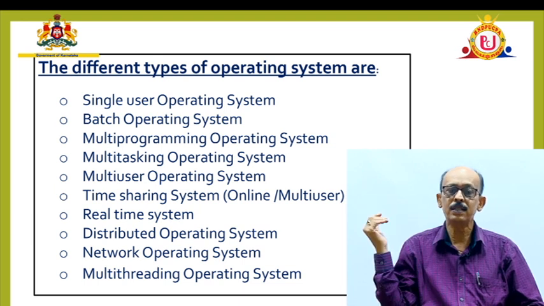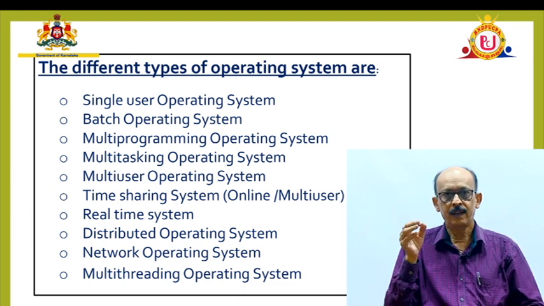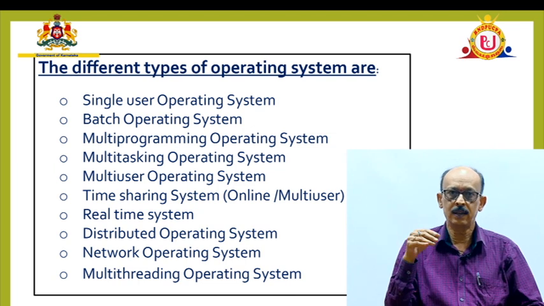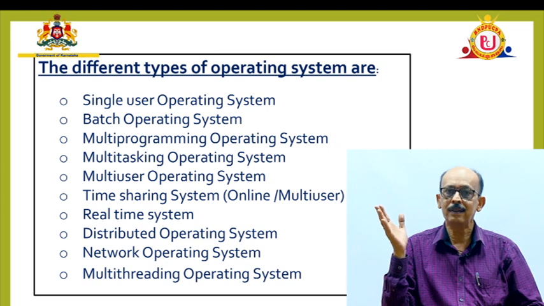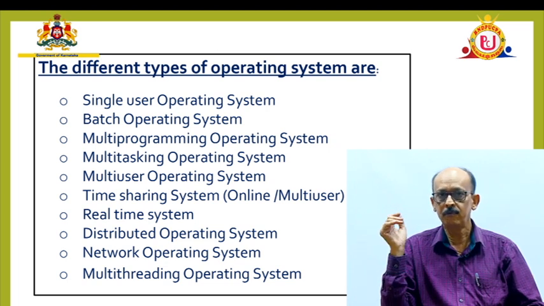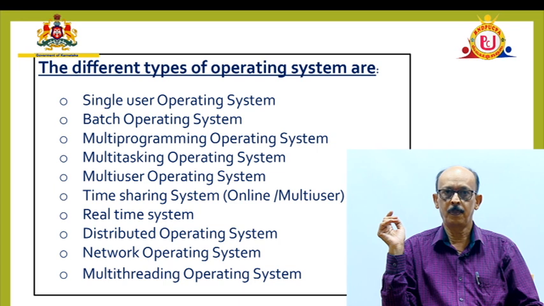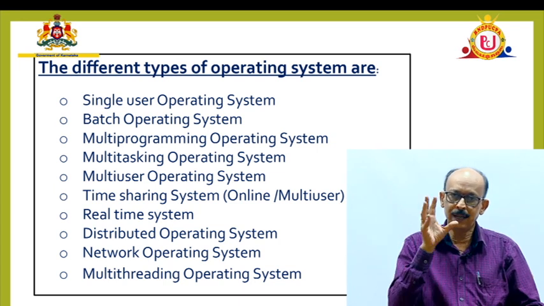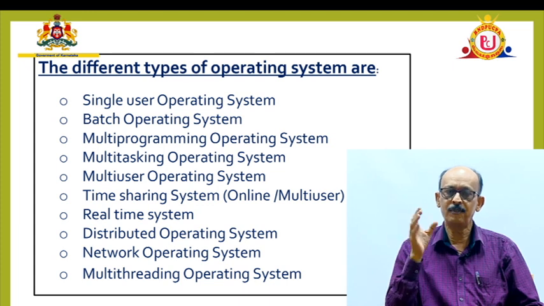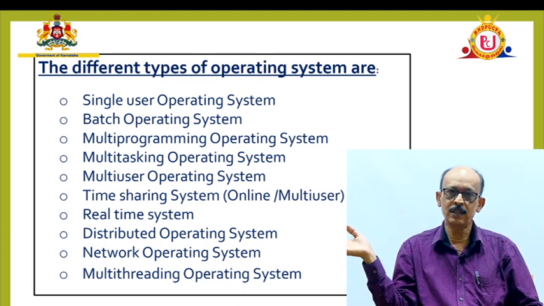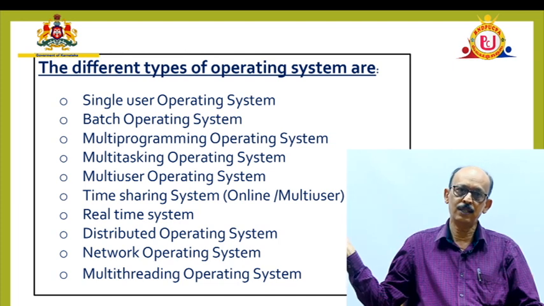Time sharing operating system, I told you already. It allocates a time span to each user to get the job done for that set of users. It allocates some job timing and executes the program. If it is not possible, it goes to the next user.